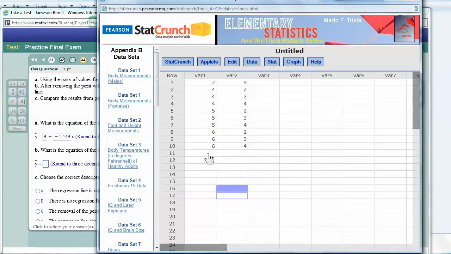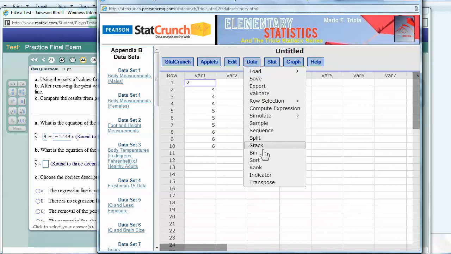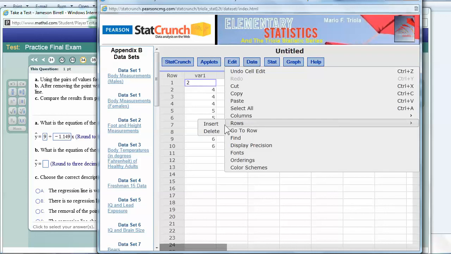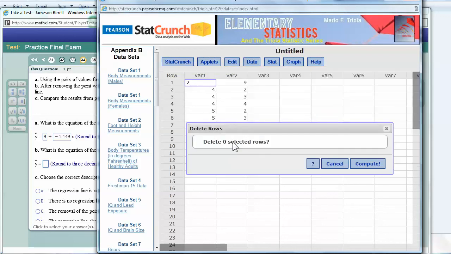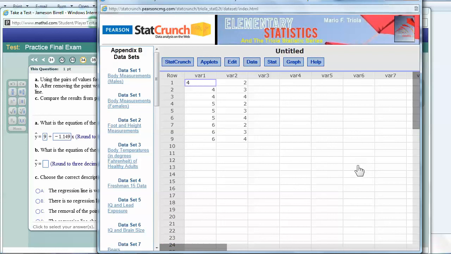Okay. So it's under edit, row, delete, 0 rows. I want that one. Okay, it looks like it worked.